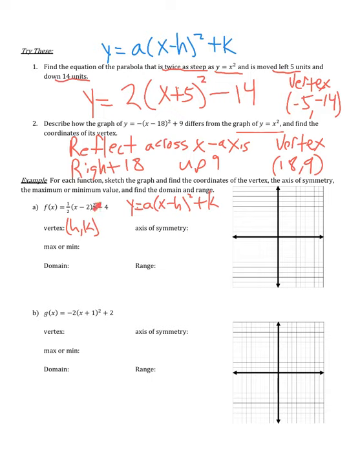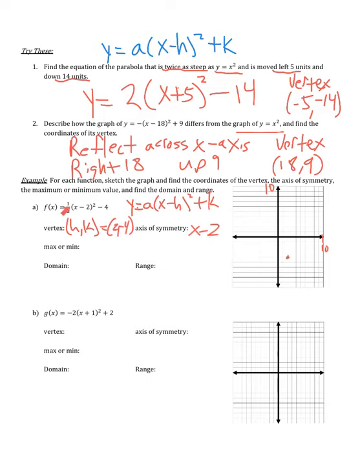And what number's in the k spot? Negative 4. So this is 2, negative 4. So 2, negative 4 is where we're going to have our vertex. We'll mark that here. We'll go by ones. Okay, so this is 10 out here, and this is 10. Okay, so the axis of symmetry goes through that. That's x equals 2.